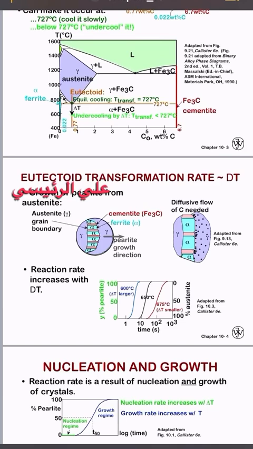As I said, dT is the temperature drop below the eutectoid temperature from austenite. And first of all, what is pearlite? Pearlite is the joining of ferrite and cementite together. It begins to consist of granules of cementite.